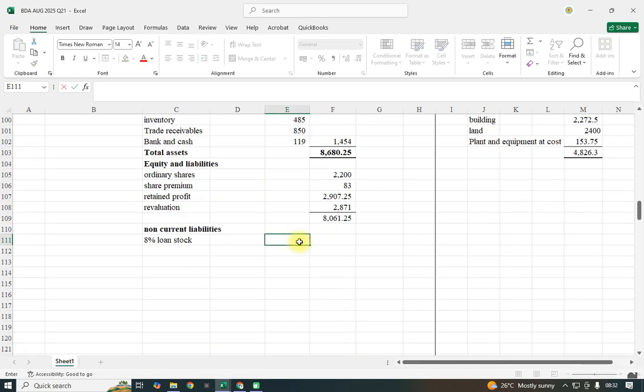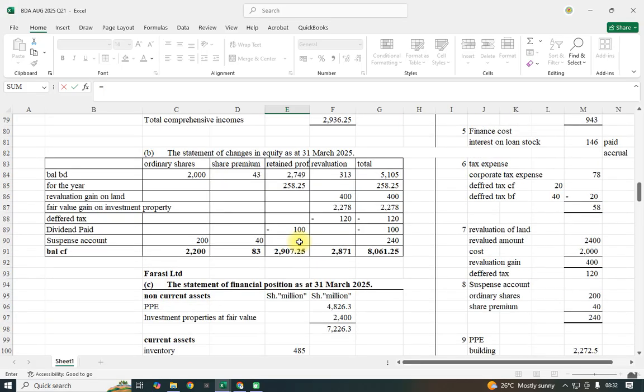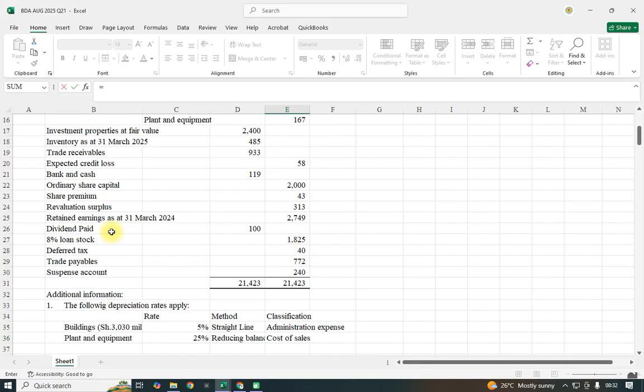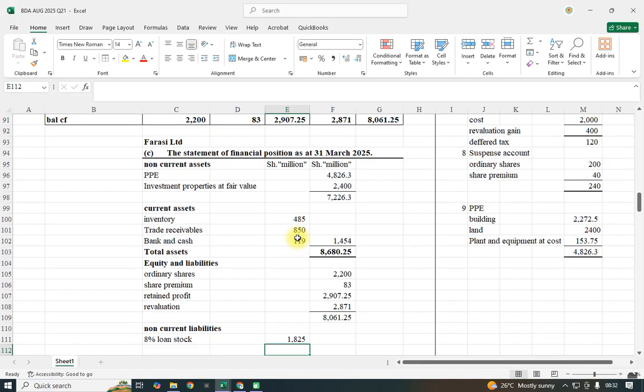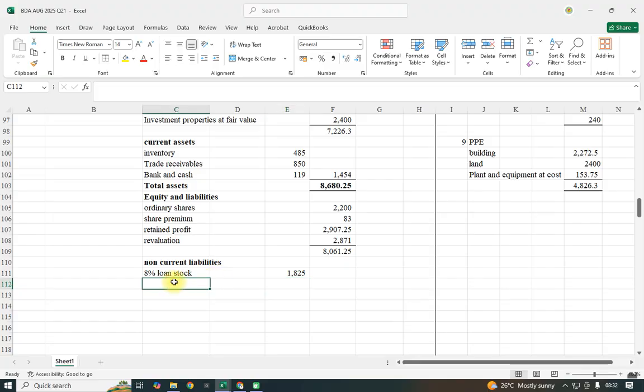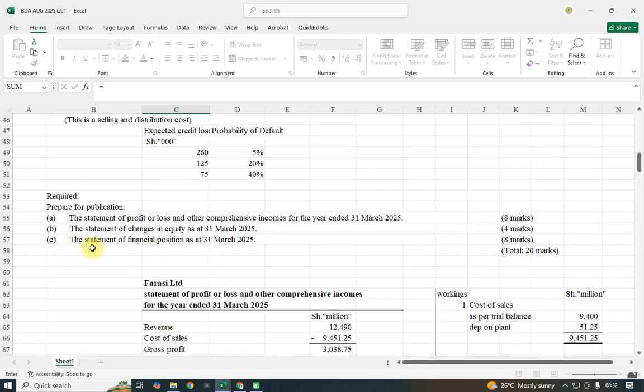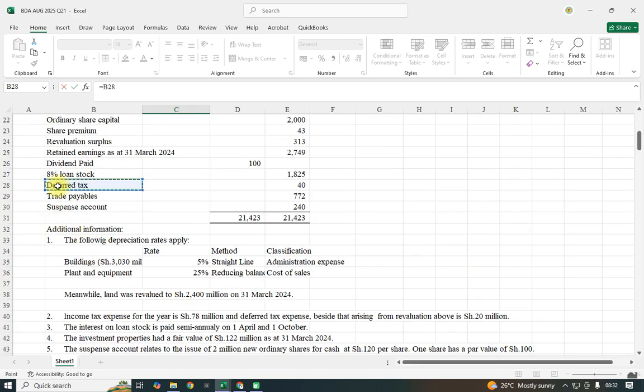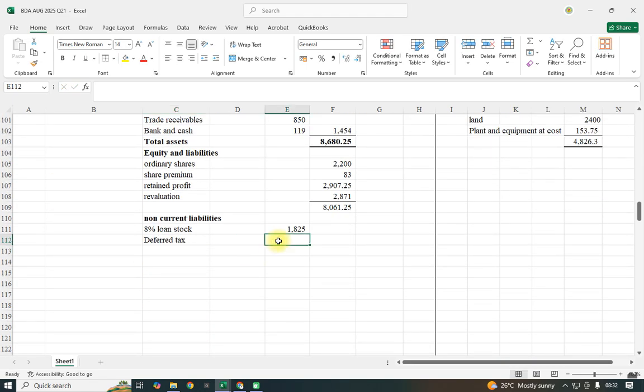We have the deferred tax, a liability which is non-current, and here we shall account for both.